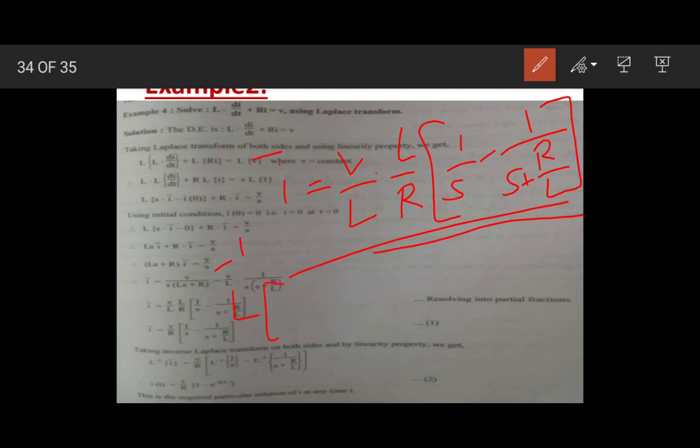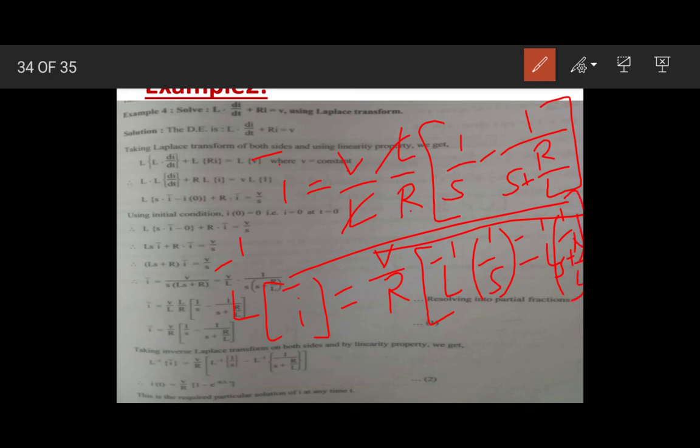So inverse Laplace of I bar is equal to, this L cancels, V upon R is constant, so V upon R will come outside the inverse Laplace, and here it will be inverse Laplace of 1 upon S minus inverse Laplace of 1 upon S plus R upon L. Now inverse Laplace of I bar is equal to I t, that is equal to V upon R. Now inverse Laplace of 1 upon S is 1.